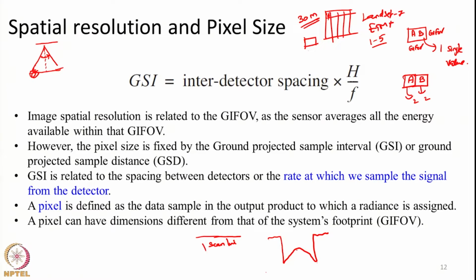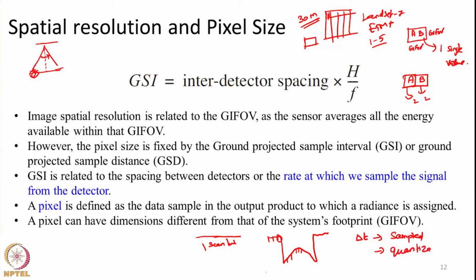But digital systems cannot store this energy continuously, as we already saw, and it will do what is known as sampling. So at definite time intervals delta t, the incoming energy will be sampled and that particular energy will be sent to the electronics part for amplification and quantization.